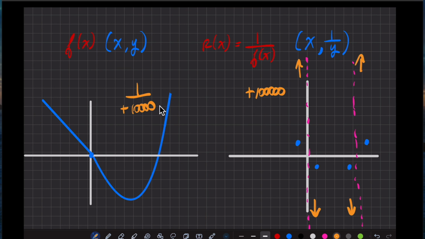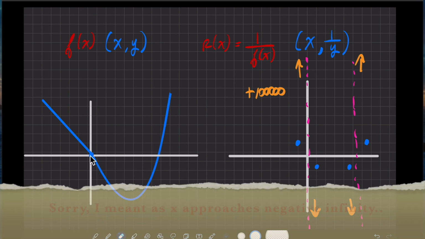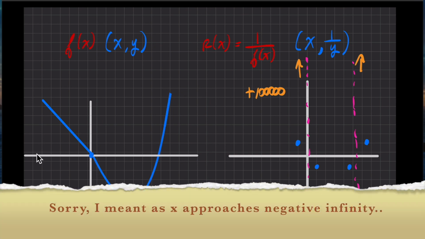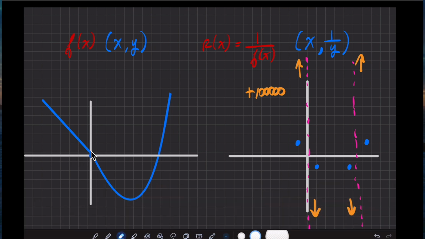Okay, now we're going to look at end behavior. End behavior is what's happening to the graph as x approaches negative infinity, way over here on this end, and as x approaches positive infinity, way over on this end. So let's look at our original graph. As x approaches positive infinity, our graph is approaching positive infinity.